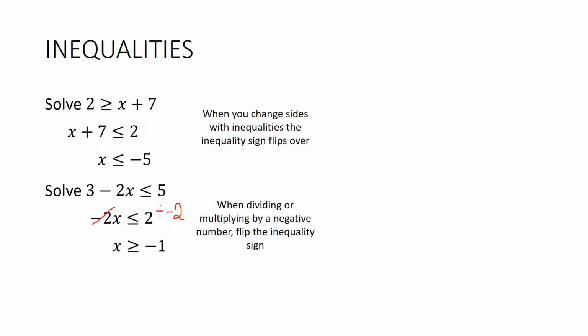Let's have a look at why that is. I'm going to start with this, minus 2x, I beg your pardon, is less than or equal to 2. Suppose instead of dividing by the negative 2, I take it over to the other side. So I'm going to add 2x to both sides. That gives me 0 on this side is less than or equal to 2 plus 2x.